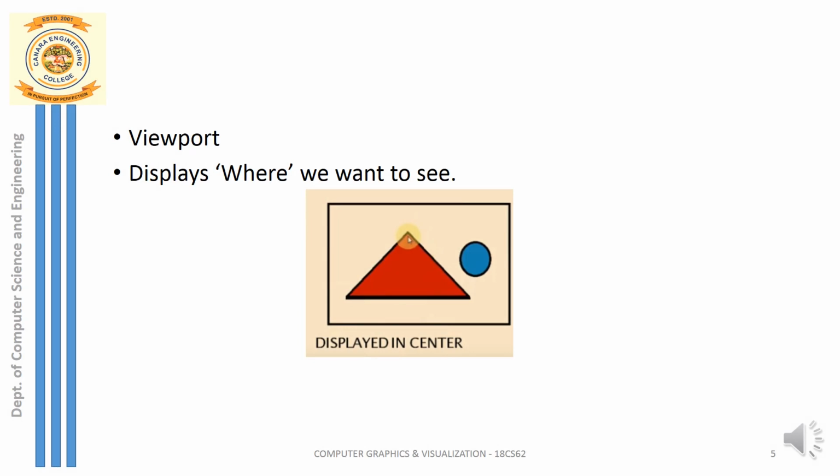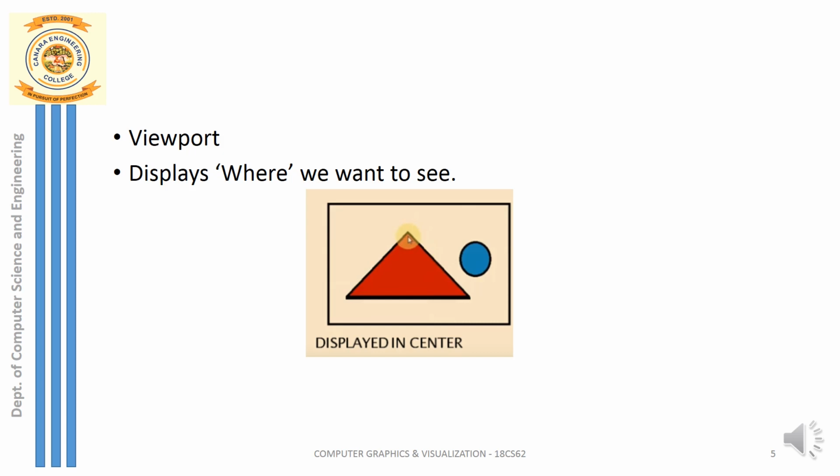Yes, I have already said what we want to see is nothing but the clipping window part. Finally, whatever portion of the scene you have chosen, that is the triangle and a circle, has to be displayed on the computer screen or on my display window. So where exactly on the display window do you want to display that desired portion?